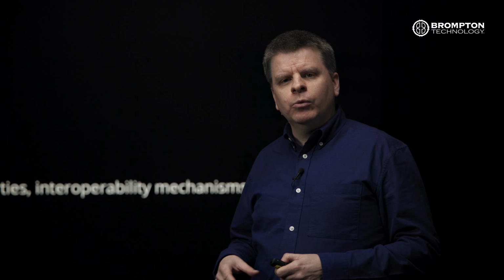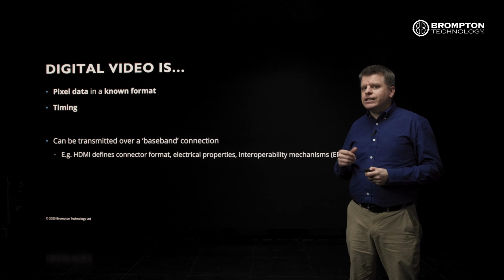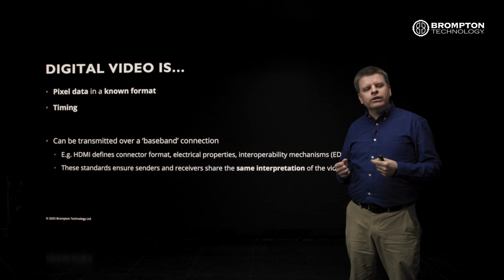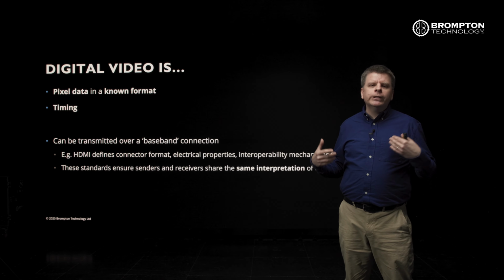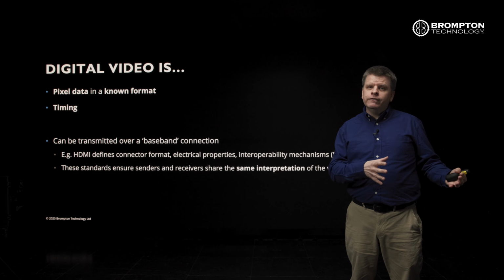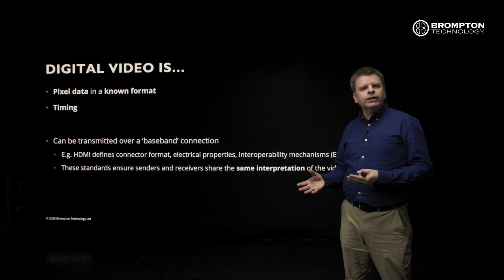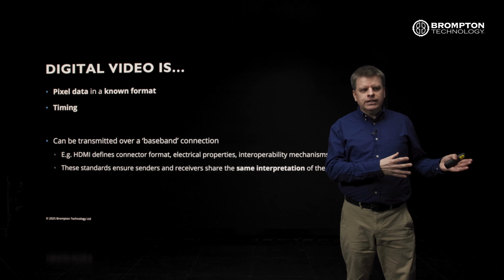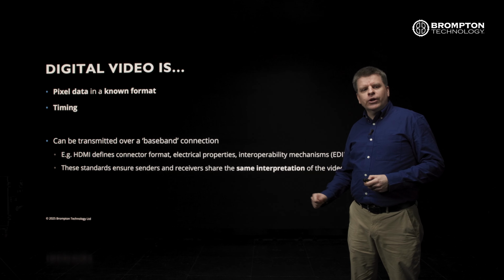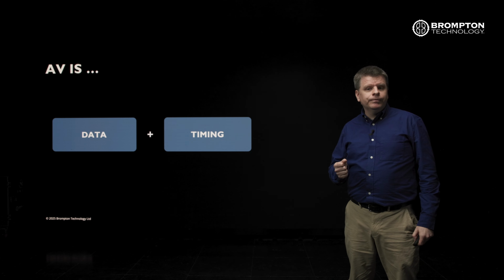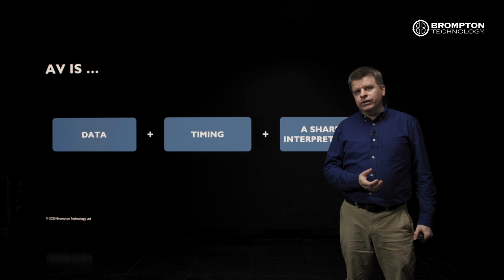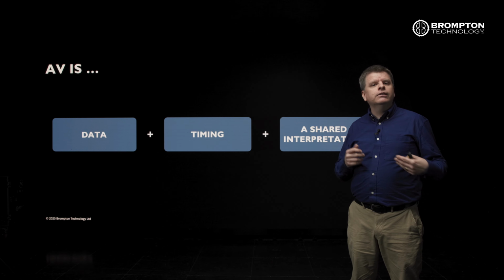And ultimately what that does is it makes sure that if you have 2 HDMI devices, at least in theory, there is a good chance that you can connect them together and they will now have a shared interpretation of that video signal, which means that the receiver is able to reconstruct the signal in a way that the sender intended. So, AV, for us, is data, timing, and a shared interpretation shared by the sender and the receiver.